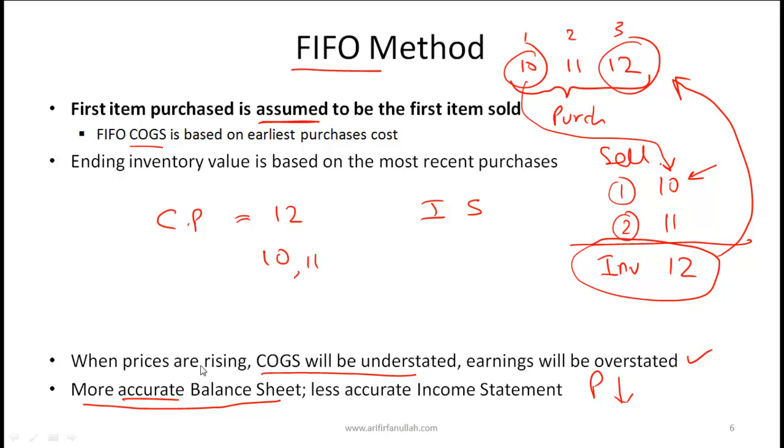But notice that in the second bullet we do not qualify with prices are rising. The first bullet, however, says COGS will be understated when prices are rising. So what happens when prices are falling? If prices are falling, then COGS will be overstated, and do some numbers to convince yourself of that fact.